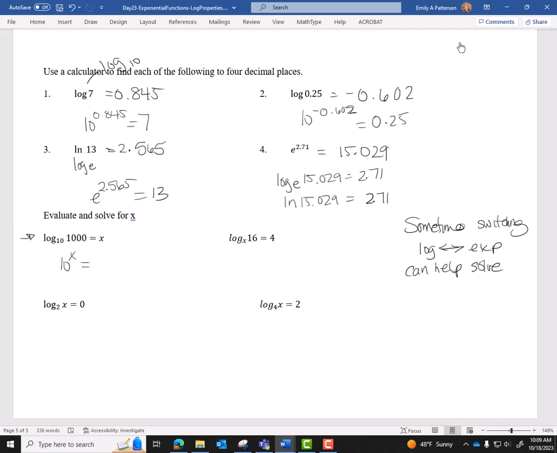So if I can't see it this way, I have no idea what this means, I can go log base 10, so I can go 10 to the x is equal to 1,000. Well, hopefully we know that the number of zeros indicates the power of 10, so that means x is equal to 3.